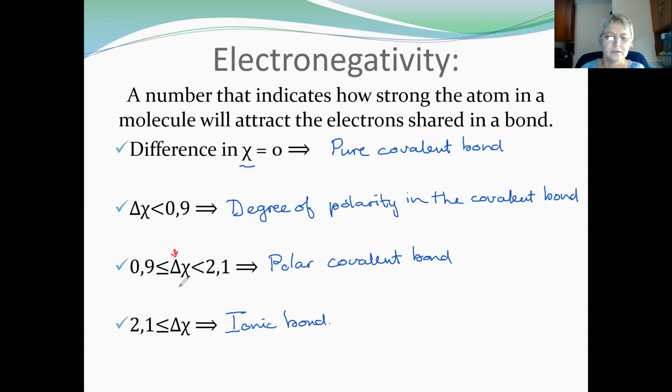This triangle here is the symbol we use for difference. So difference in is the triangle we use with the symbol for electronegativity. We're going on to some examples now.